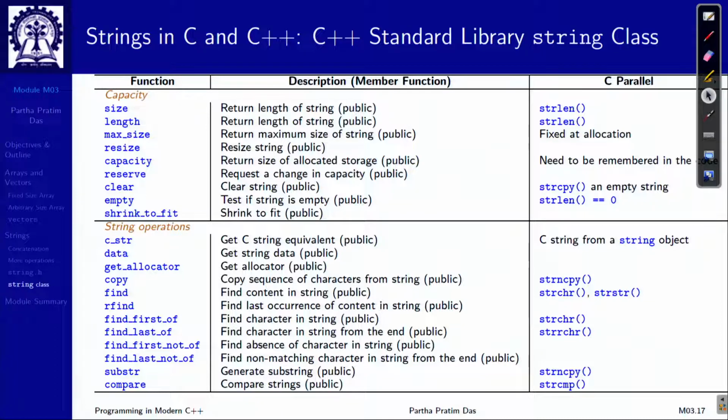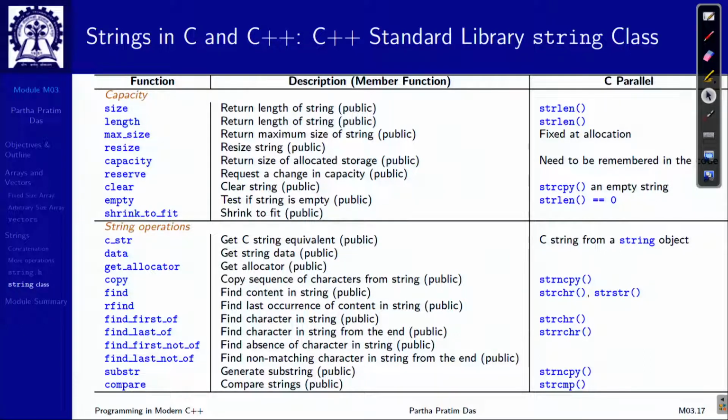In some cases it is there, in some cases it is not, because you can do things which are not possible in C, like resize. You cannot resize a C string, but you can resize a string object. I have tried to give those mappings. These are for your reference, again not to memorize right away, but as and when you start using a lot of strings, you can find this.